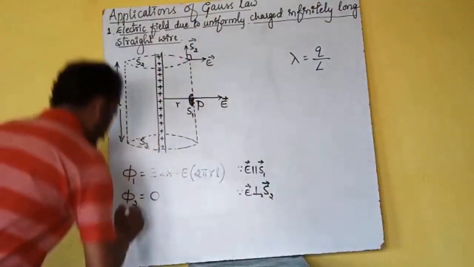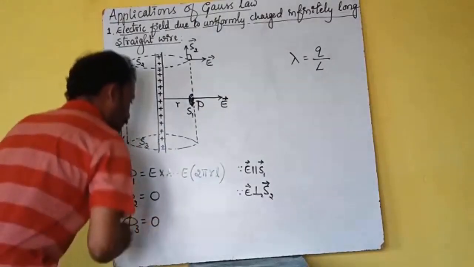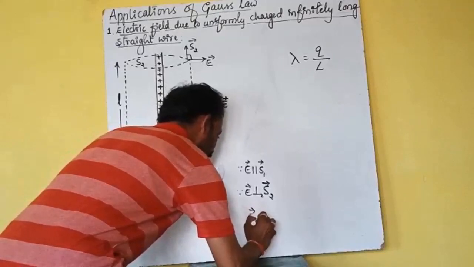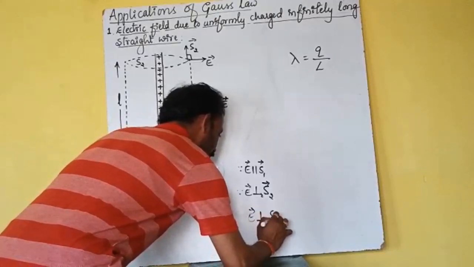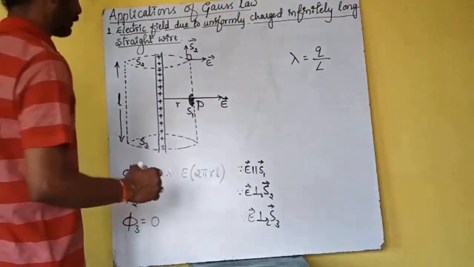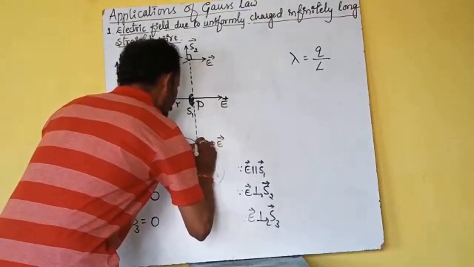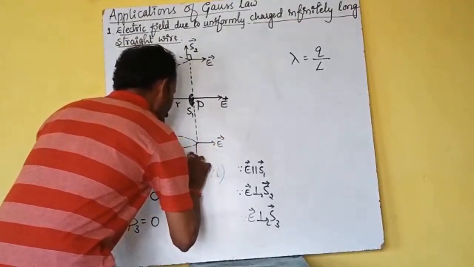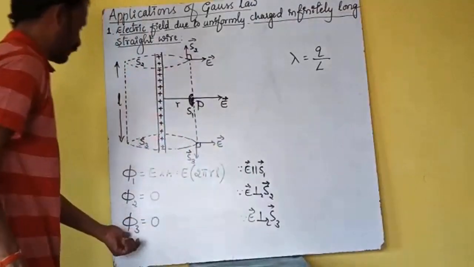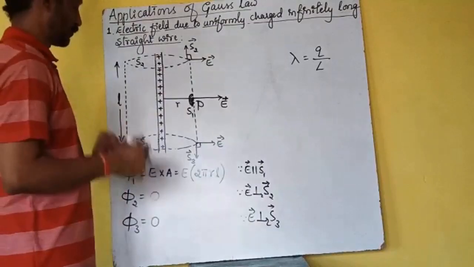Similarly, the electric flux through the plane surface S3, phi 3, is also 0, because the electric field E is perpendicular to the area vector S3. Therefore, the electric flux through the plane surface S3 is also 0.